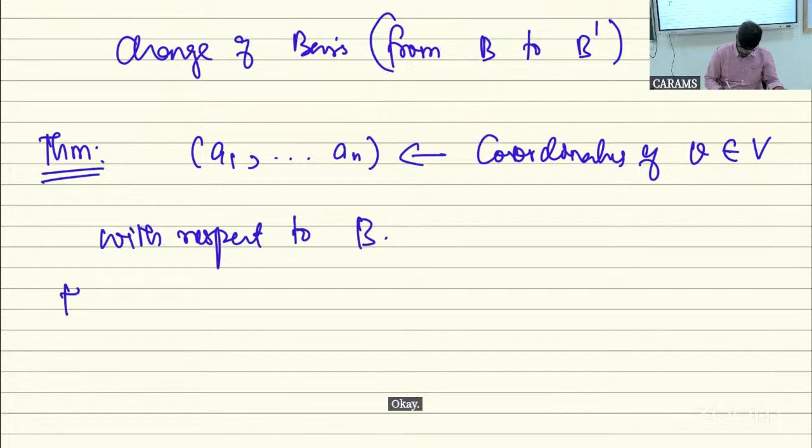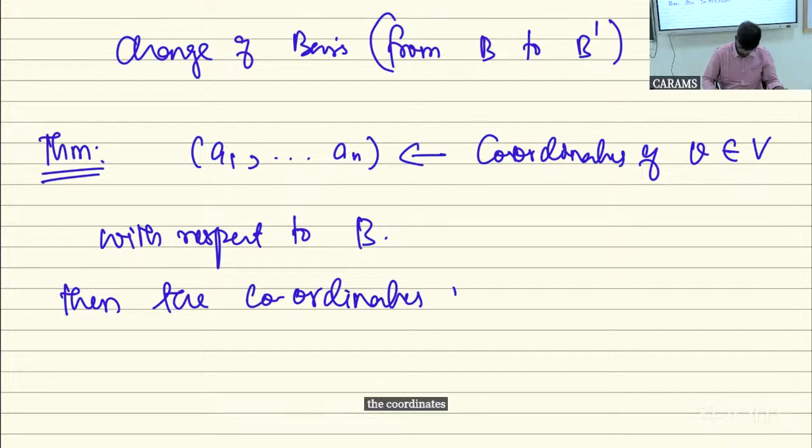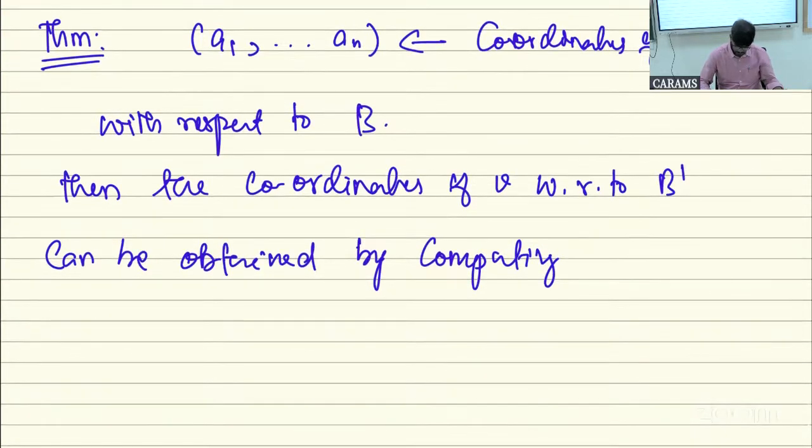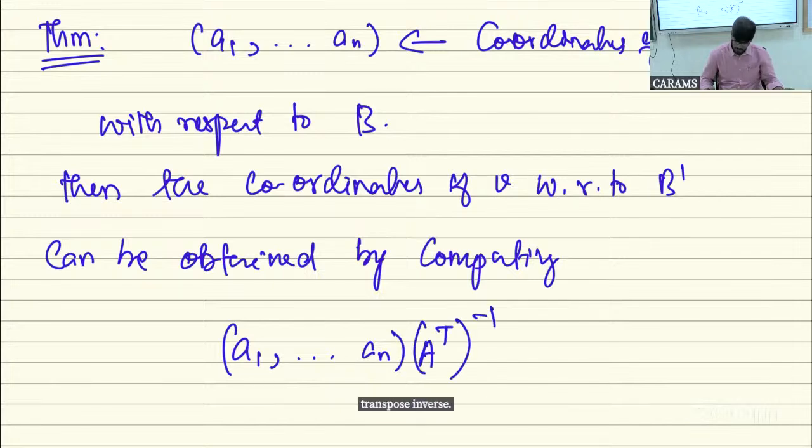Then the coordinates of V with respect to B prime can be obtained by computing A1 and so on up to AN times A transpose inverse. That's it.